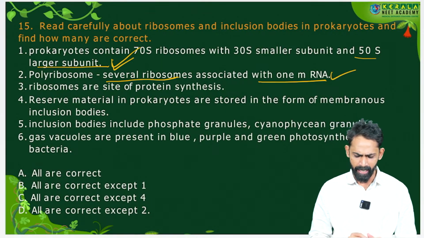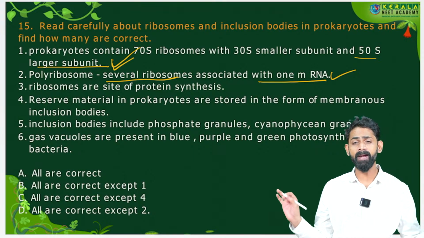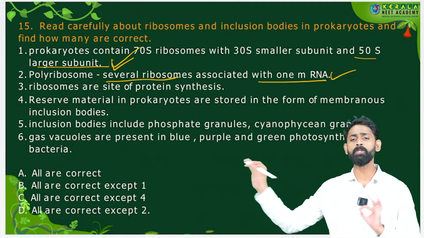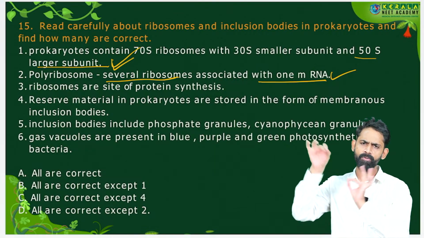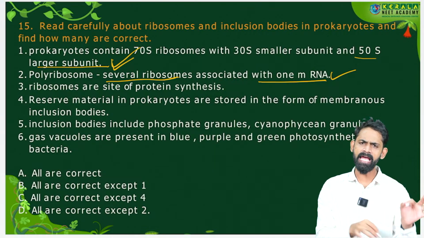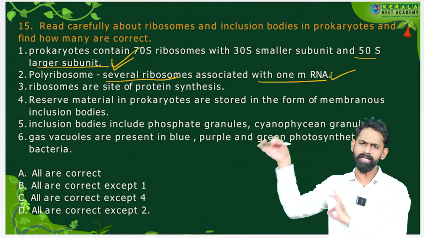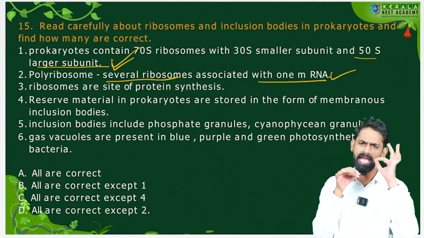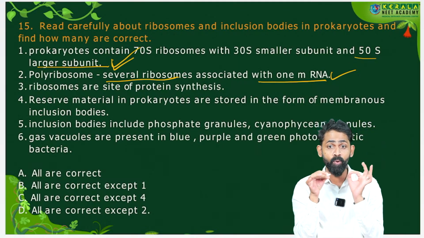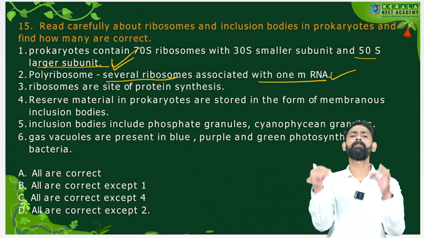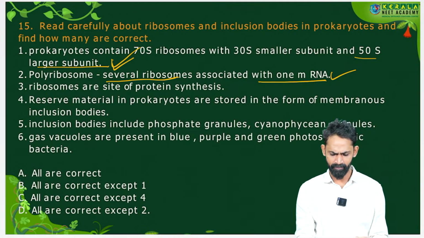So this is also correct. Ribosome function: everybody will say ribosomes are involved in proteins, but don't say it like that. Ribosomes are the site of protein synthesis, mRNA is the messenger during protein synthesis, and tRNA is the adapter during protein synthesis. Everything has its own role in protein synthesis.